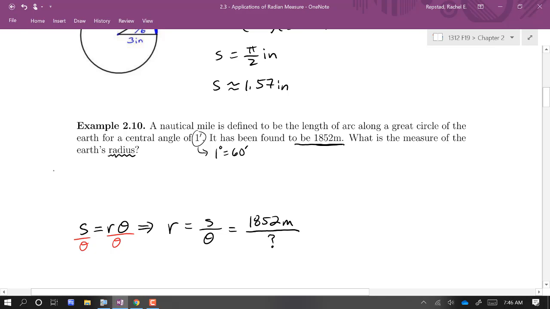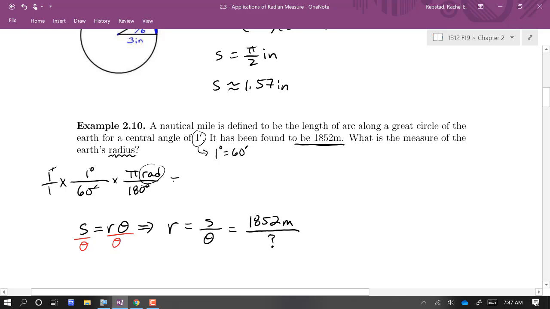So we're just going to convert this 1 minute to radians. So use a little dimensional analysis. 60 minutes to 1 degree. That would get us to degrees. Now I want to get from degrees to radians, and that equivalence is 180 degrees to pi radians. We could see the units cancel.